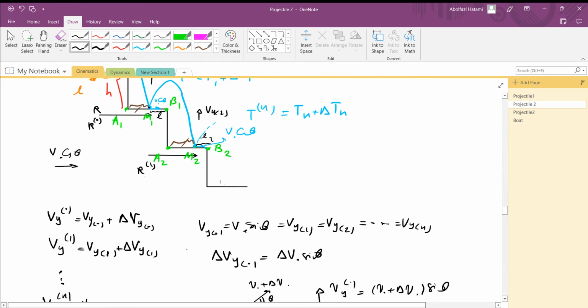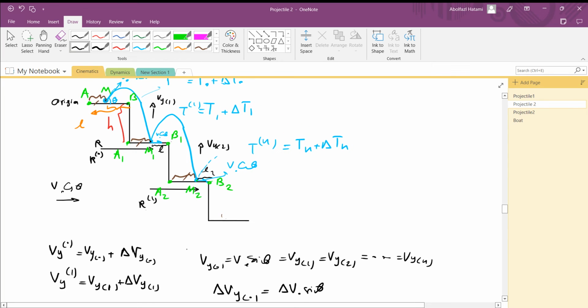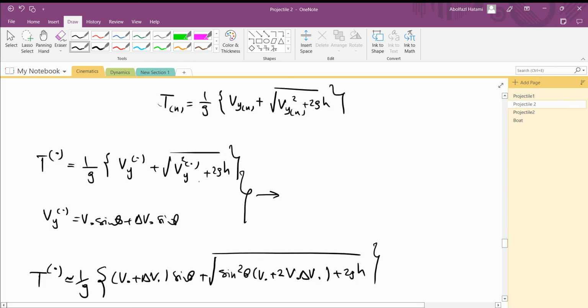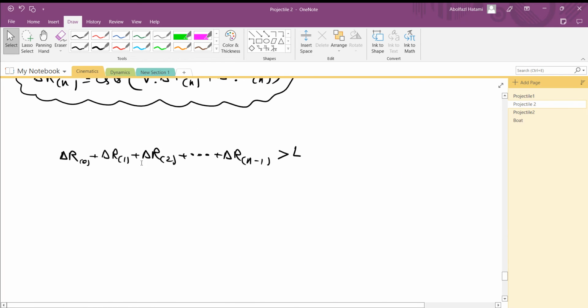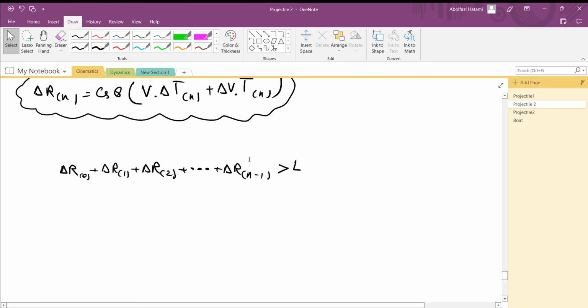Because M0 B0 is L, M1 B1 is L, M2 B2 is L, and these deltas are cumulative lengths which we add to each other, and after the n minus 1th collision, the ball passes the nth step and doesn't collide with it. So delta R0 plus delta R1 until delta Rn minus 1 is greater than L.